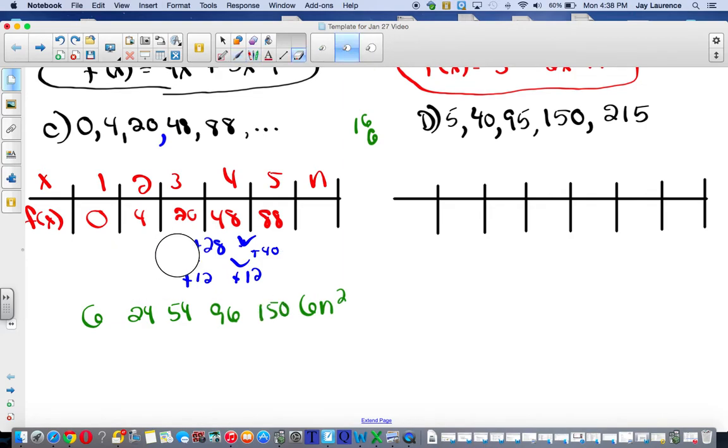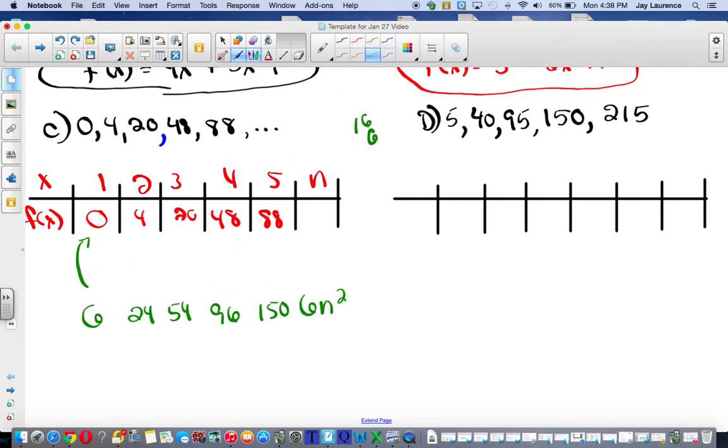Okay, so it looks like I'm going to have to make another table on this one, but let's see what happens. That's minus 6, minus 20, minus 34. No, it'd be 50.